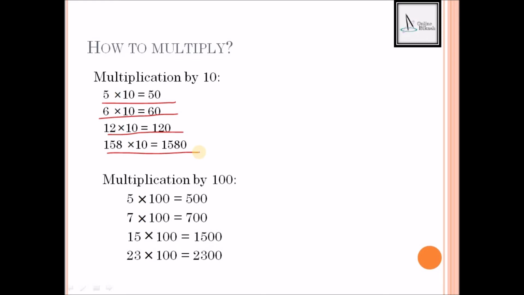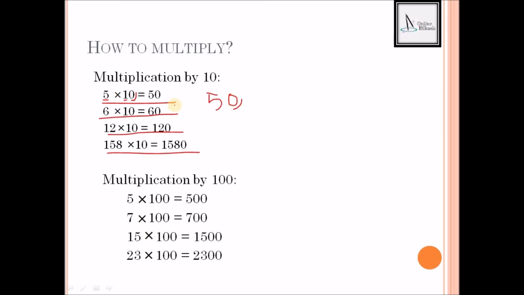In all the cases, you can see this 5 and this 1. If you multiply them, what will you get? 5 1s are 5, and at the end you just add 1 zero, because you multiplied by 10, and in that 10 there is only 1 zero, so that zero is this one.